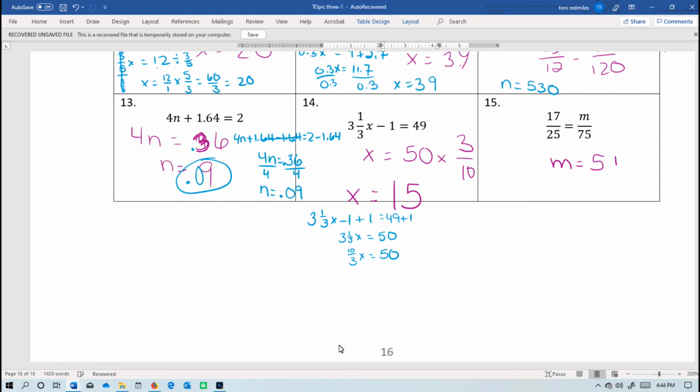All right, now I need to divide it on both sides. Okay, which means I'm going to keep the first one, change to multiplication, and flip. And because these are going to get to be big numbers, I'm going to go ahead and do some cross canceling. And x is going to equal 15.